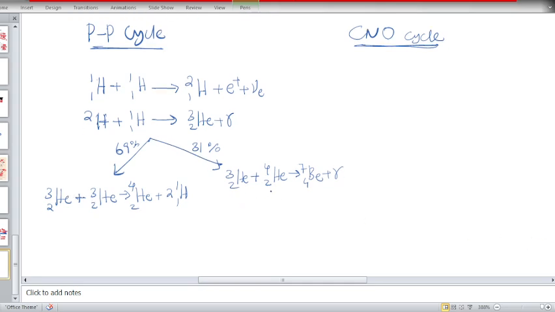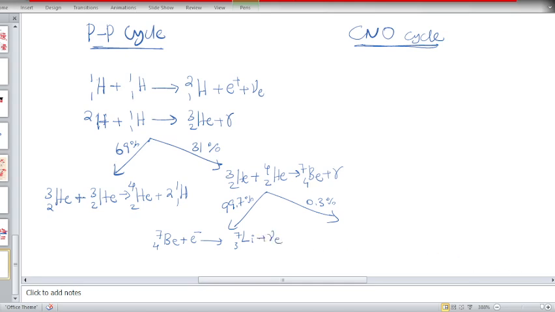After this interaction, almost 99.7 percent of the time, this beryllium 7 will interact with one electron to form lithium 7 plus a neutrino.